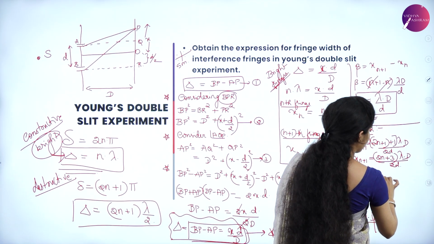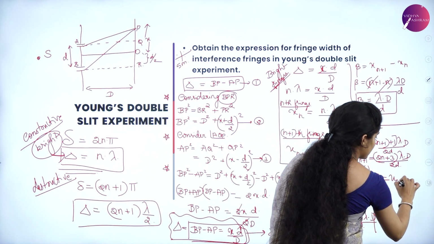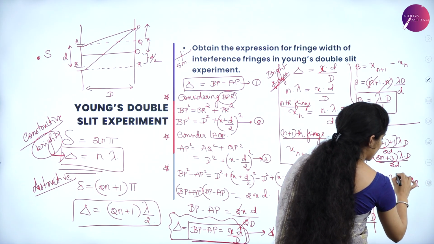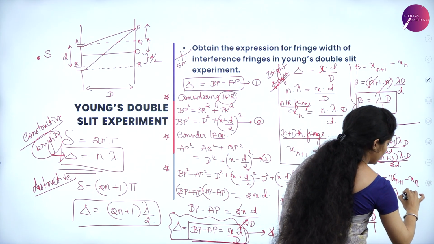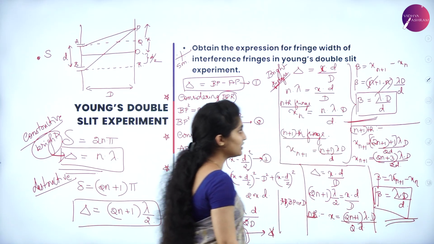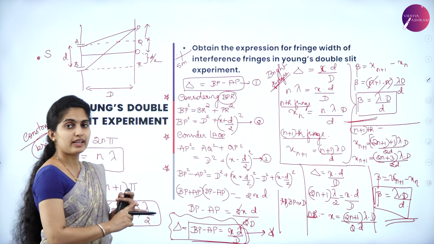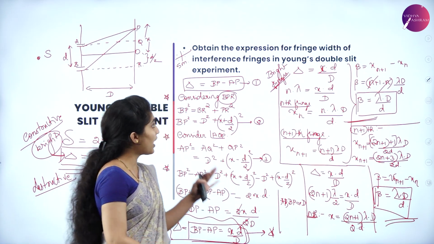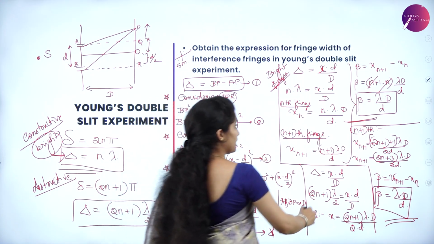On equating for the fringe width, after taking x_(n+1) minus x_n, you end up with the equation beta equal to λD by d. The equations for bright as well as dark fringes are one and the same. So for constructive as well as destructive interference in Young's double slit experiment, the fringe width is the same.